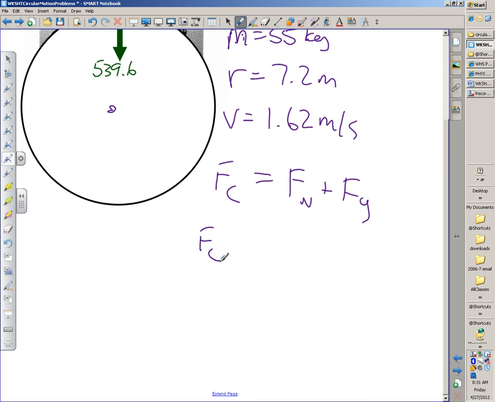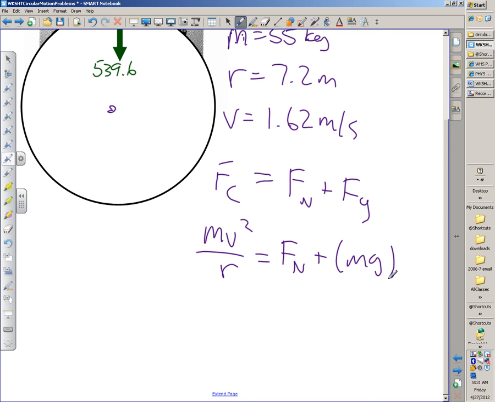Oh, wait, hold on. Sorry. Freeze that. Okay. Are we going to make F of G negative in this problem? No. So let's apply it this way. mv squared over r equals F of n plus m times g.